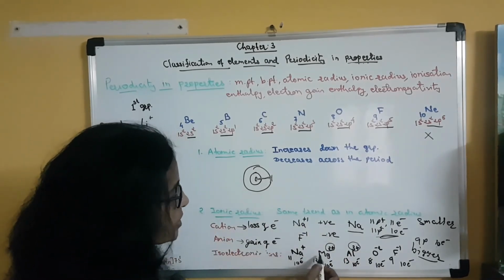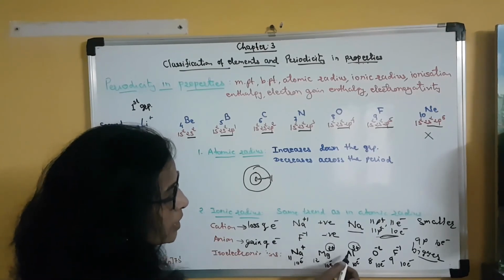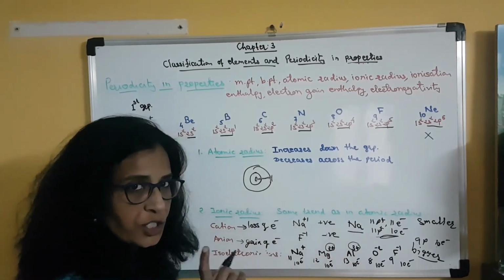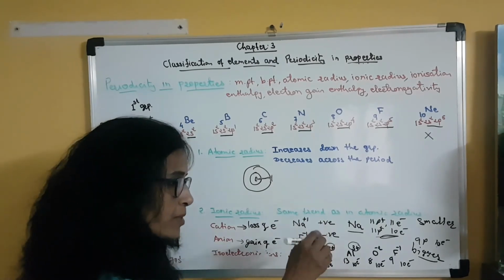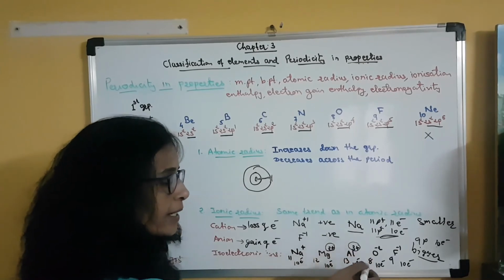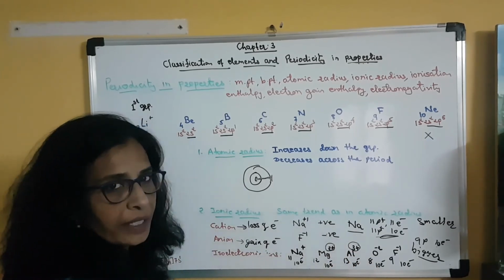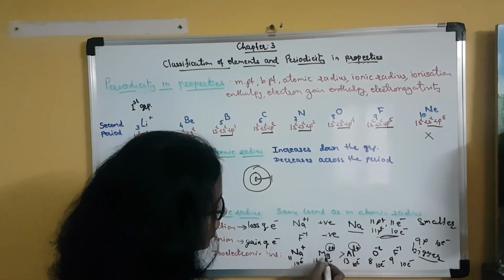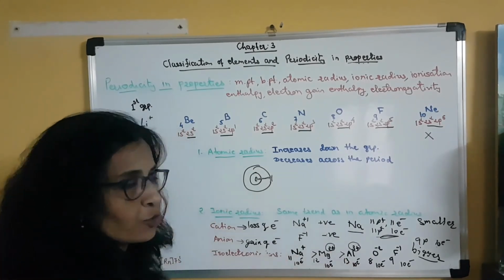So if you consider these 3 positive ions, then aluminium ion is the smallest because it has the larger charge. Magnesium is also small, but it is bigger than aluminium. Sodium is even bigger. So in this case, aluminium is the smallest, then magnesium, and then sodium.